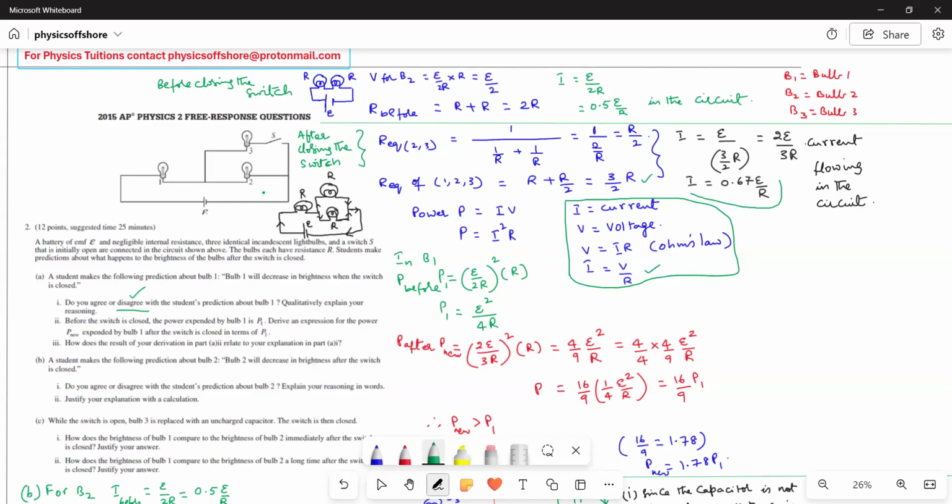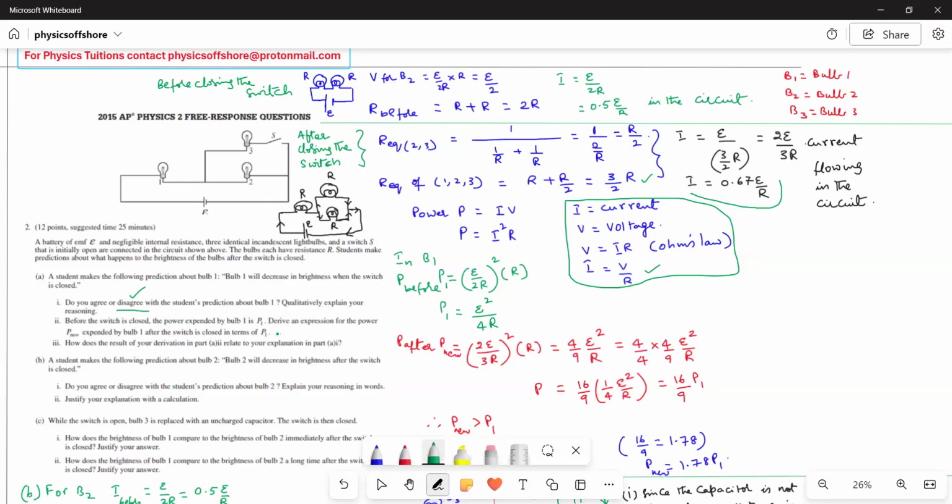But what he is saying is, he is asking us to prove with power. I proved with the current. Initially, I gave the qualitative explanation and then I confirmed my explanation with the numbers. But here he is asking us to derive an expression for the power expended by bulb 1 after the switch is closed.